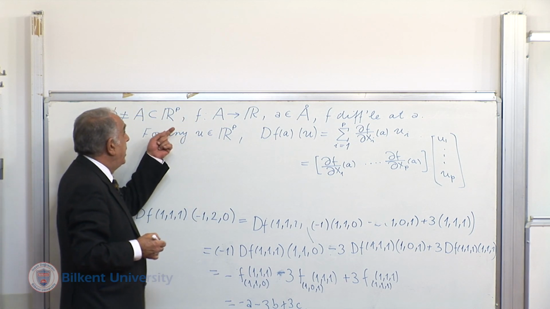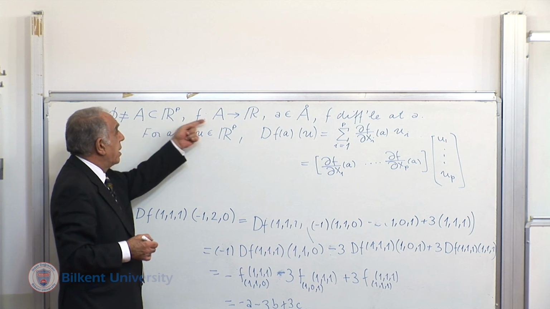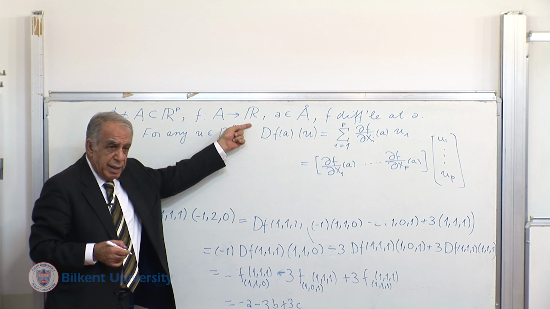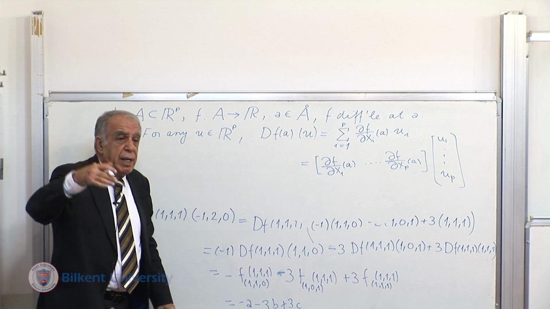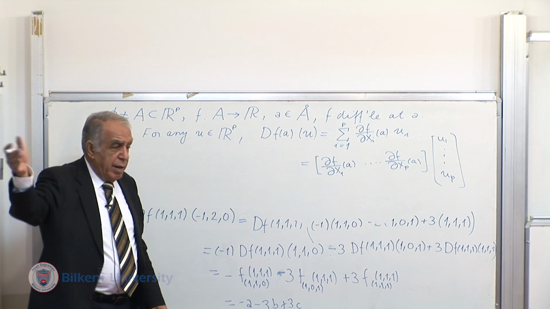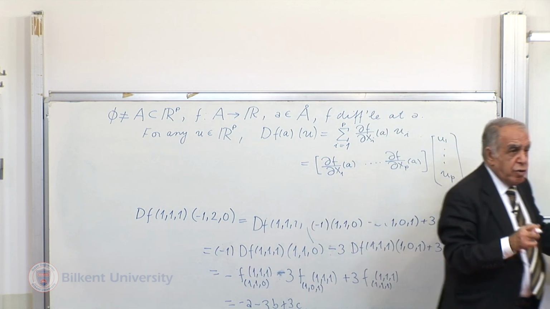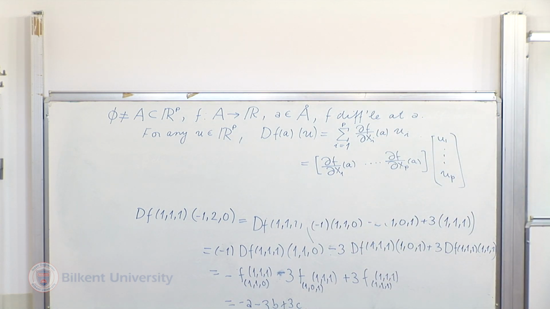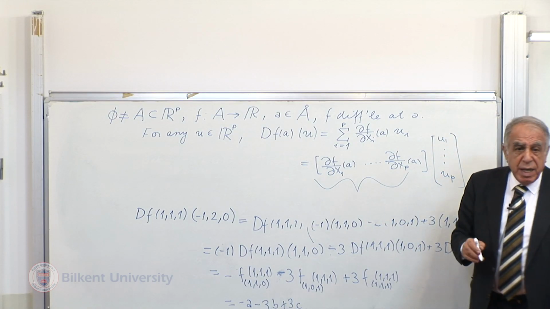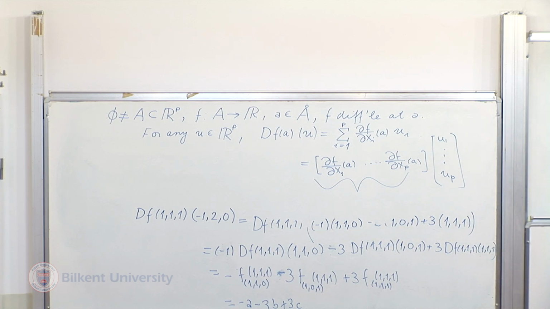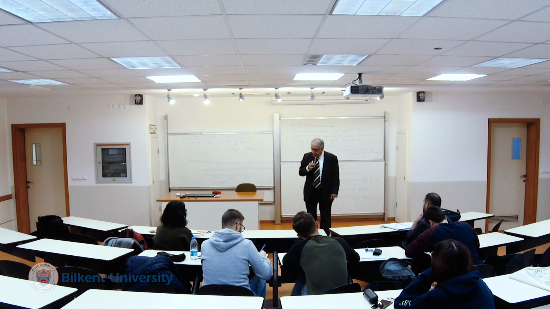Here, df_a, since this is on a subset of Rp with values in R, will be a linear map on Rp with values in R. But then according to this, a q by p matrix will be a 1 by p matrix. So this is actually nothing but the 1 by p matrix, which represents the derivative of f at a with respect to the standard basis vectors of Rp and R respectively.